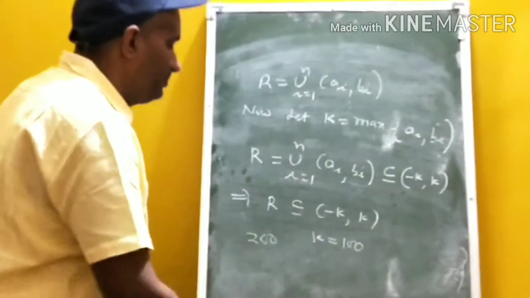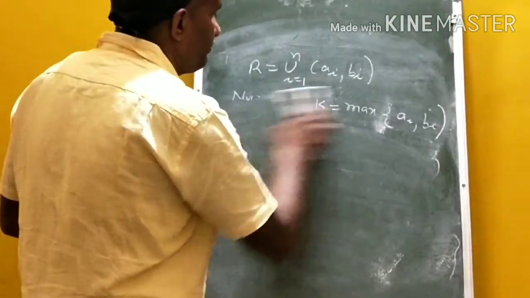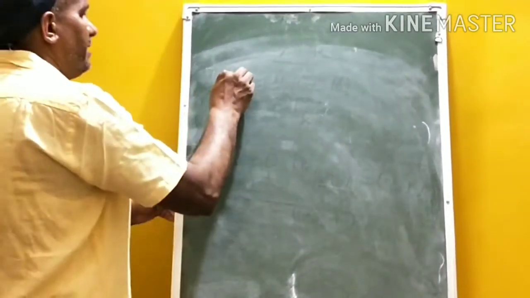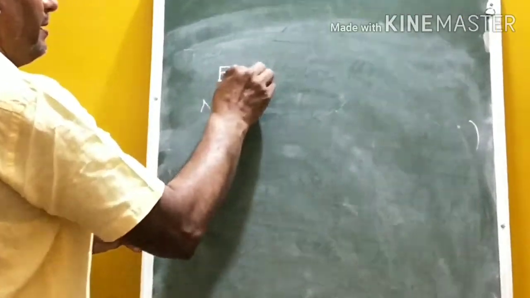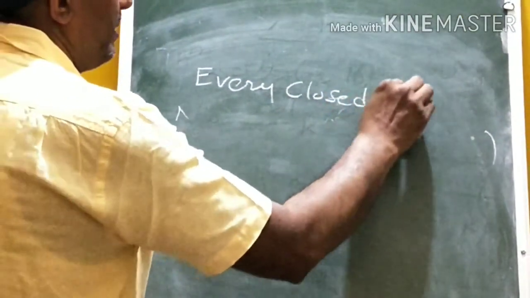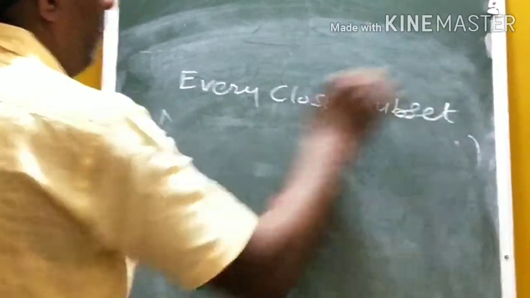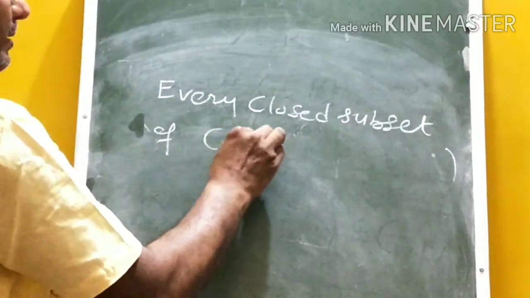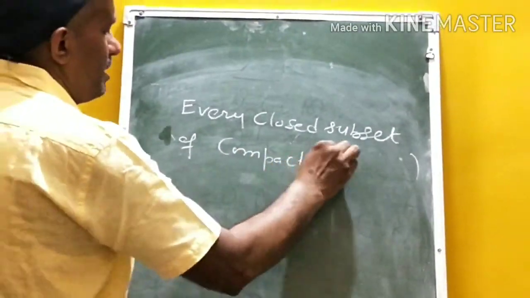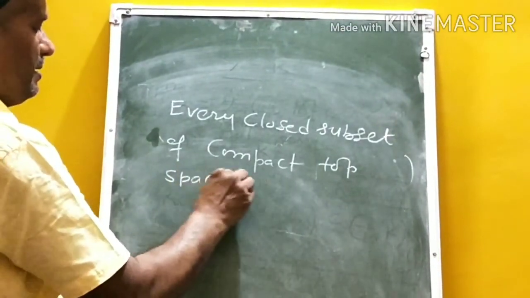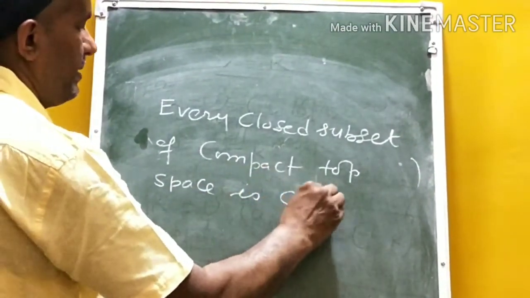Now we come to another theorem. The next theorem: every closed subset of a compact topological space is compact.